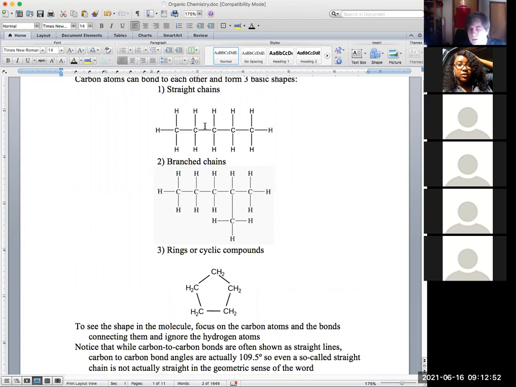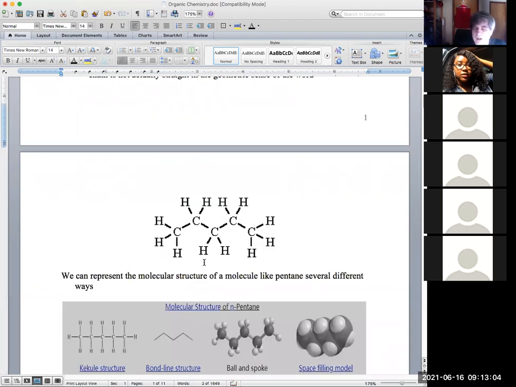If we would get a protractor, this angle would be 180 degrees. However, when we look at carbon, that's not what we see, even in a straight chain. When we look at carbon atoms, and again, let's kind of ignore our hydrogens for the moment.